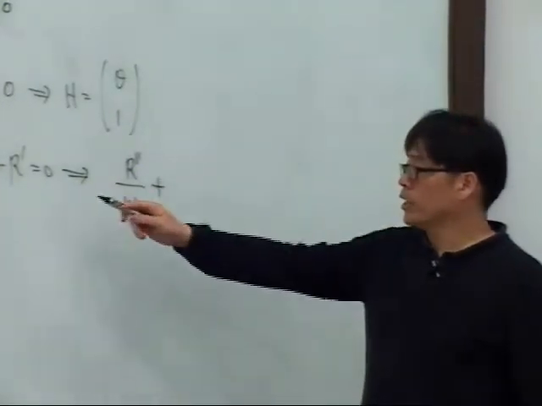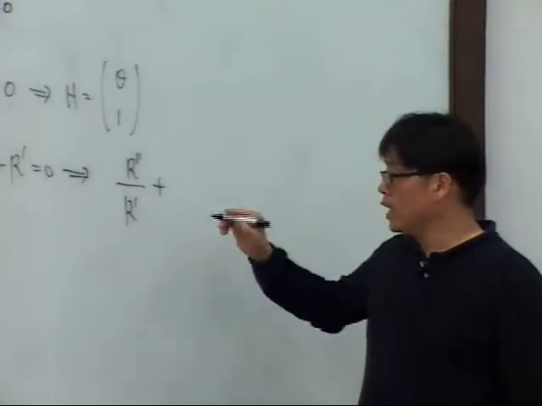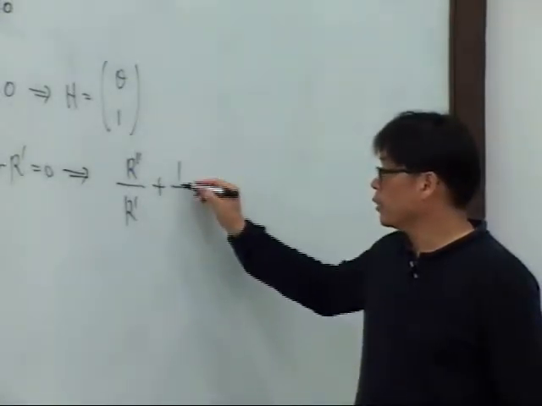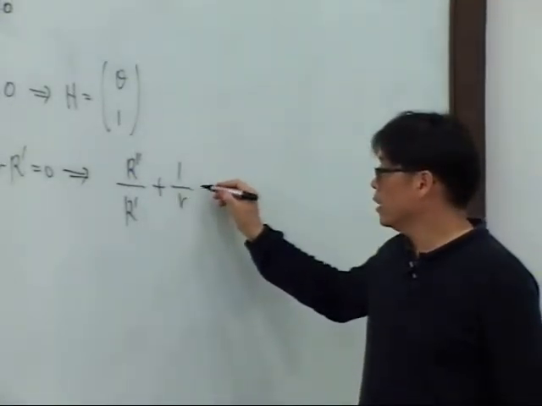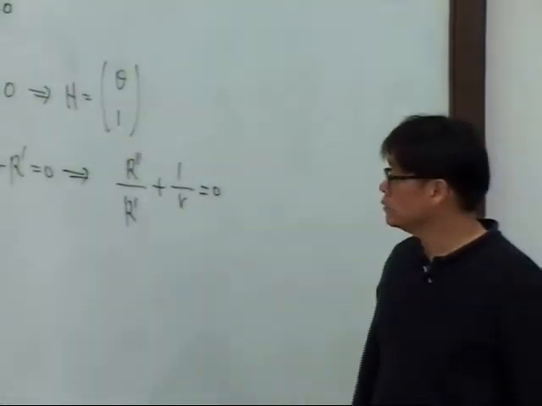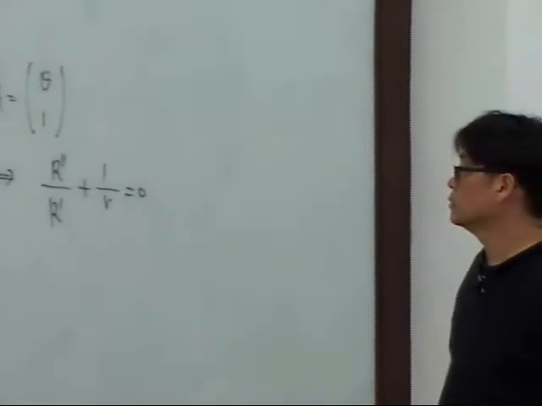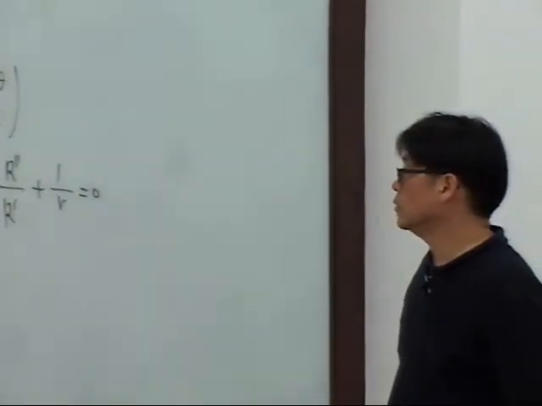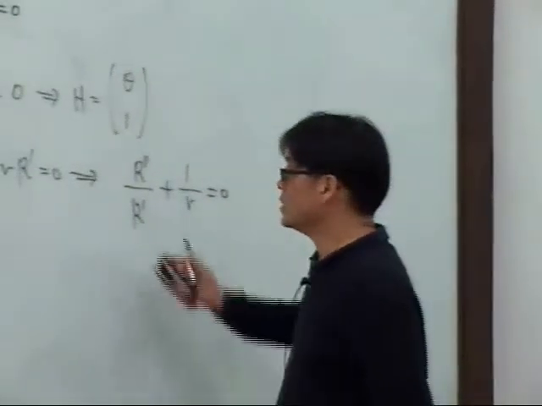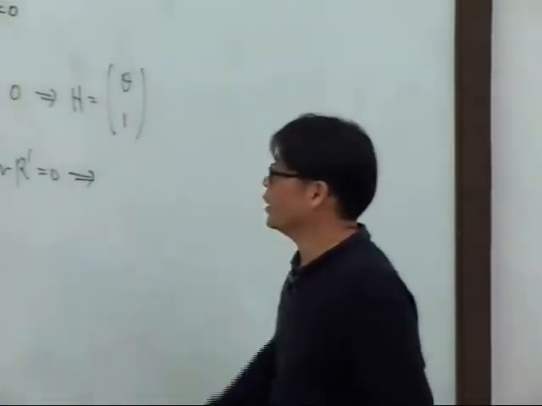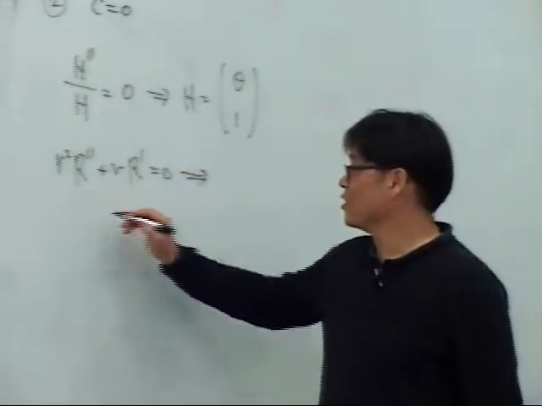I divide the equation by R prime and then R squared. Then I end up with 1 over R equal to 0. No. I still can solve the way that we did. Sorry.